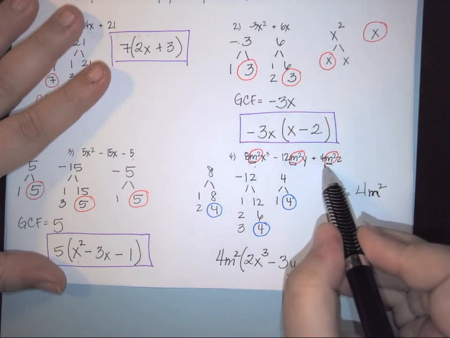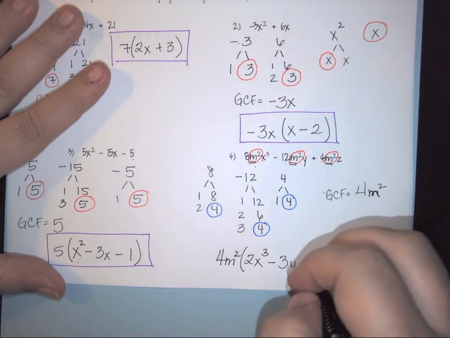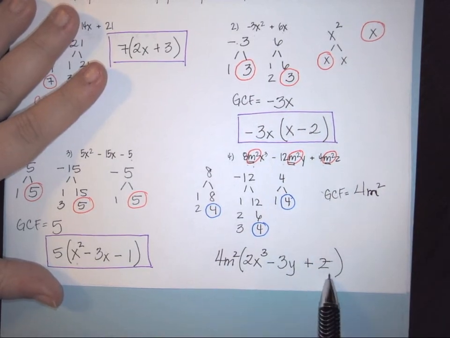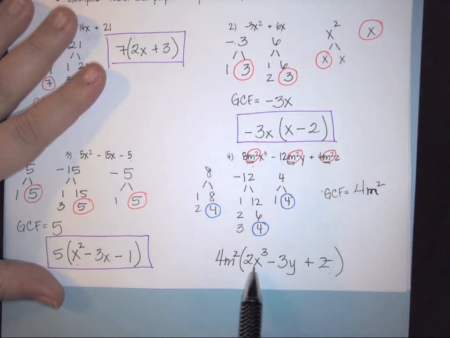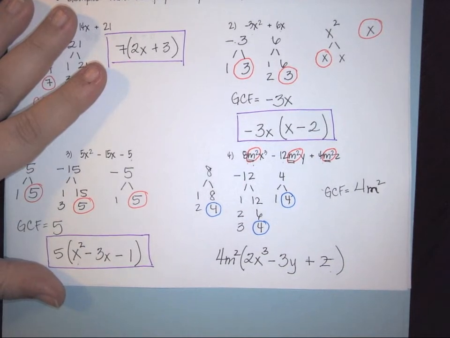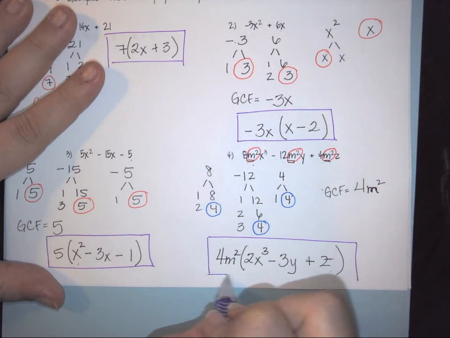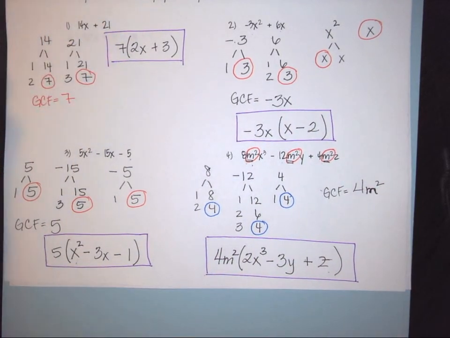And then if I pull a 4 out of my last term, this leaves me with plus z. Now, in looking at this, there's nothing else for me to do because all of these variables are completely different. Therefore, I'm completely finished.